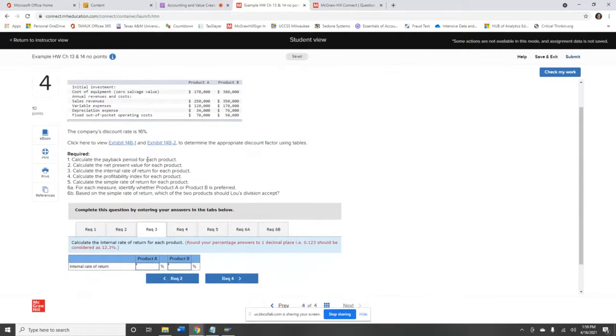Okay, so we need the net cash flows to do this, and we need our investment, and then we're going to need our present value of an annuity table.